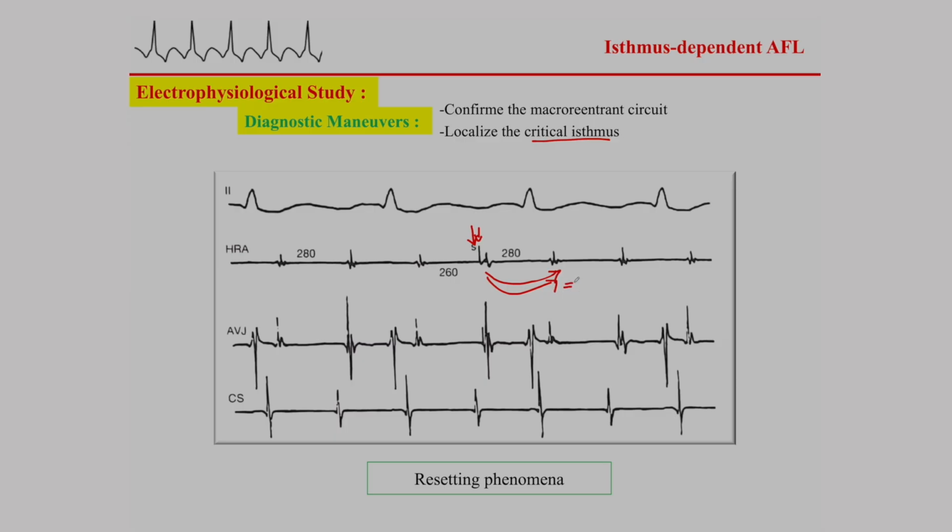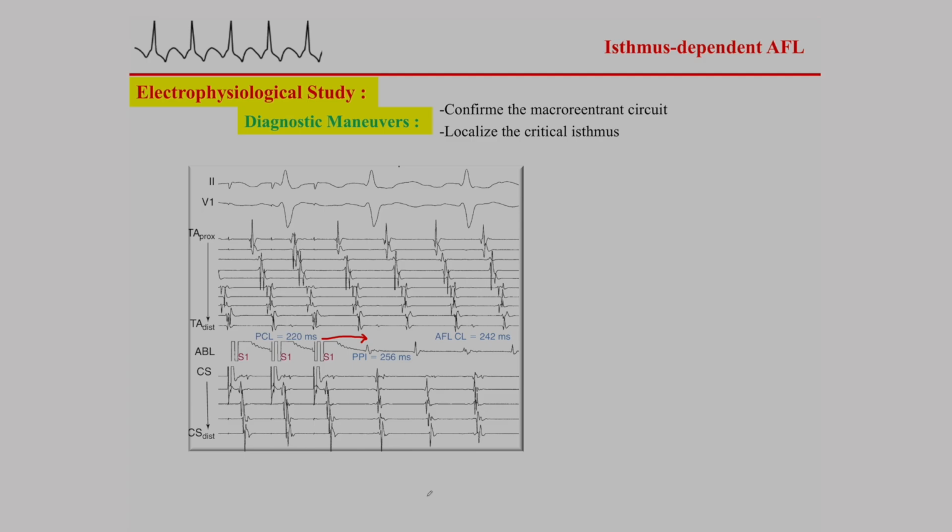If the first return cycle length is equal to the cycle length of the tachycardia, it means that we are within the circuit. But if it exceeds, it means that we are out of the circuit. This is the resetting phenomenon. It's less used in our lab, but the most used one is entrainment.